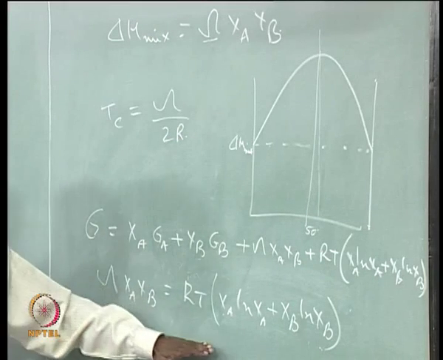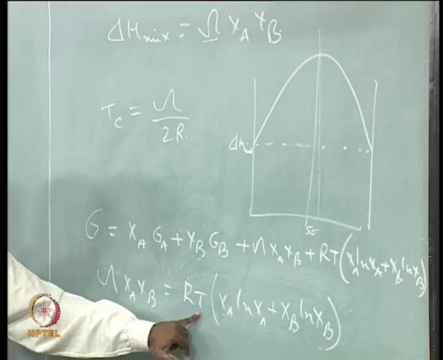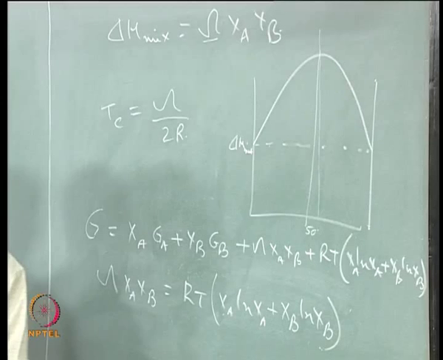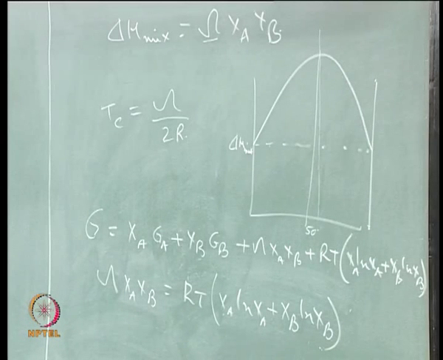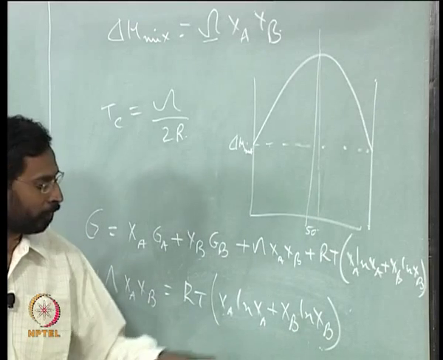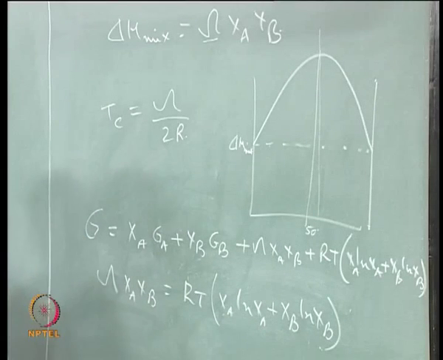Many people have done this up to this point and then put T equal to this divided by this and finally said Tc equal to omega by 2R. How do you get from there to Tc equal to omega by 2R? You will not get it just because you put XA equal to 0.5 and XB equal to 0.5. What are you going to do with ln 0.5? ln 0.5 does not give you the value that you are talking about.